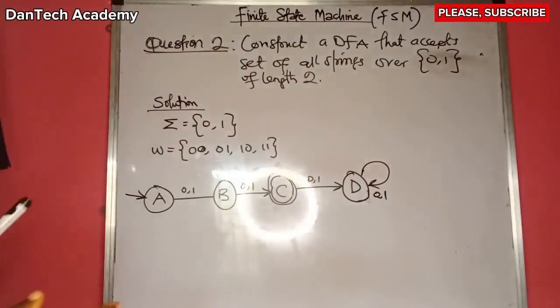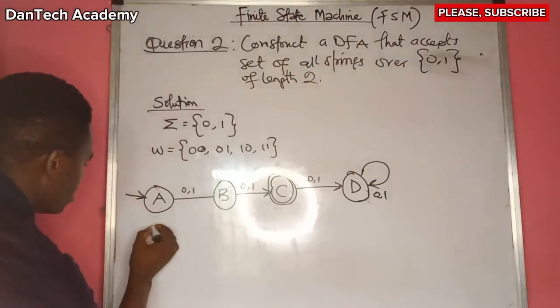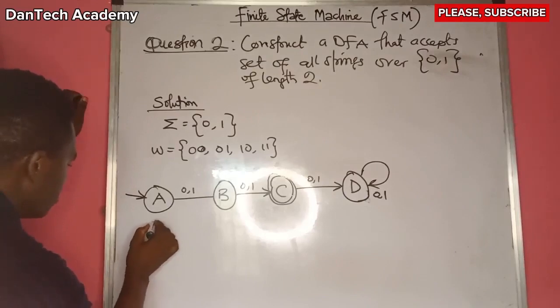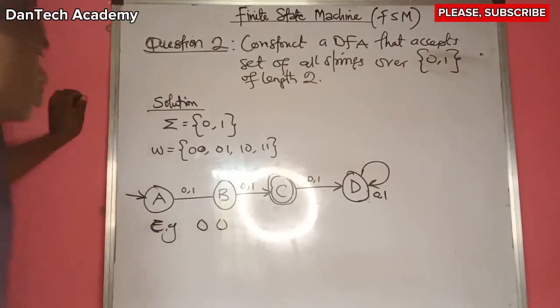So let us check out now. The first one, let's check for 0, 0. Let's say, for example, we're checking 0, 0.